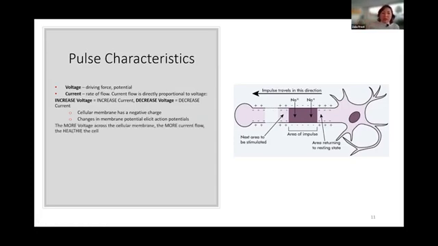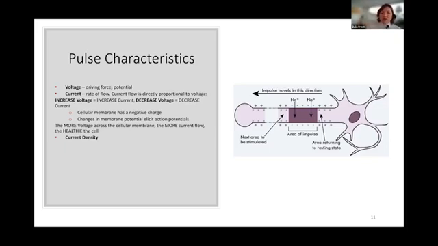A change in membrane potential elicits an action potential, and the action potential conducts that current. The more voltage across the cellular membrane, the more current flow, the healthier the cell. Voltage equals health on a cellular level. If people suffer from low voltage, their cells become ill.